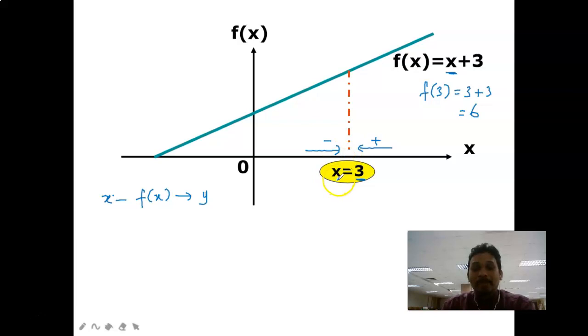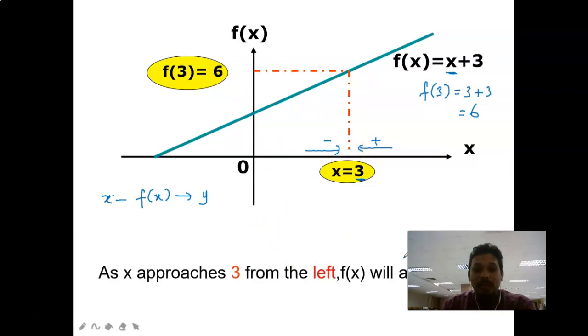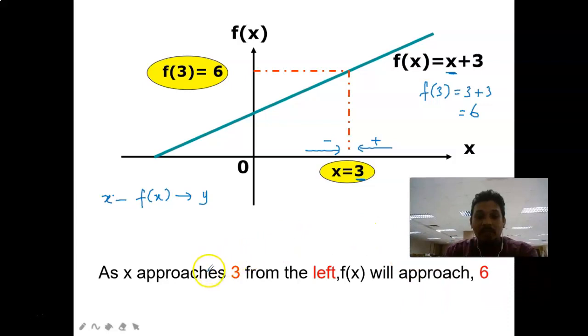Okay, so when x is very close to the value x equal to 3, we just assume that x equal to 3. So when x approaches 3 from the left, f(x) will approach 6. So when x approaches 3 from the left, this is the graph.